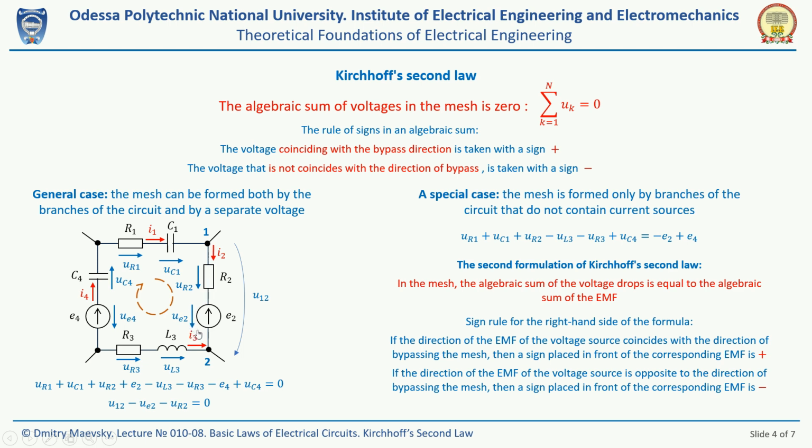We meet the voltage on this source contrary to our bypass direction, so we have a minus sign for this voltage, and voltage UR2 is directed the same, so we have the same sign with UR2.